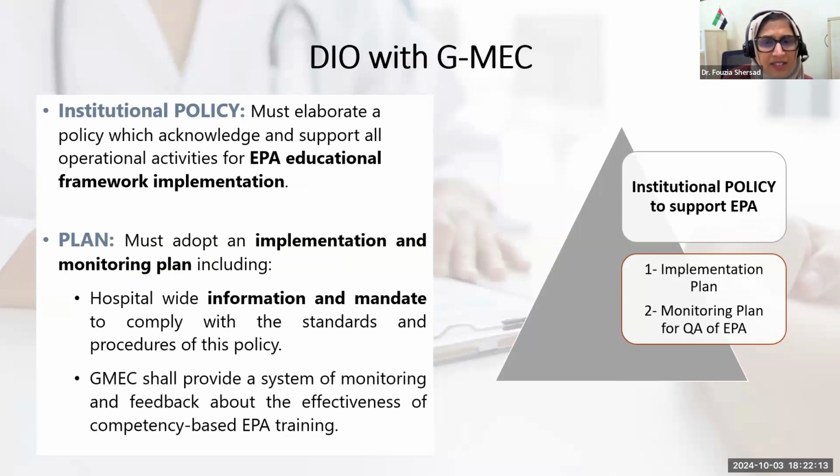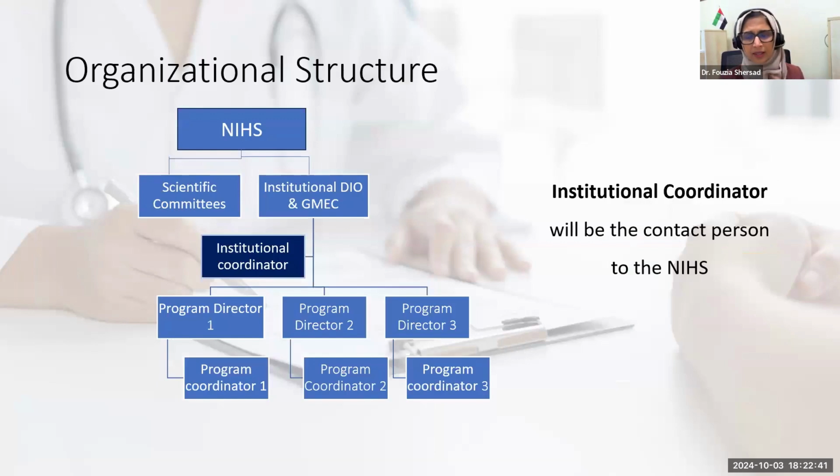So the existing institutional policy should have a part where EPA is also covered. Similarly, the plan that you may be having, strategic plan, annual plan, should include adoption and implementation of EPAs. And there should be a clear monitoring plan for assuring the quality of implementation of EPAs.